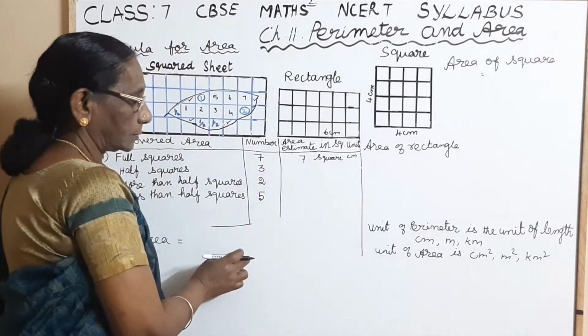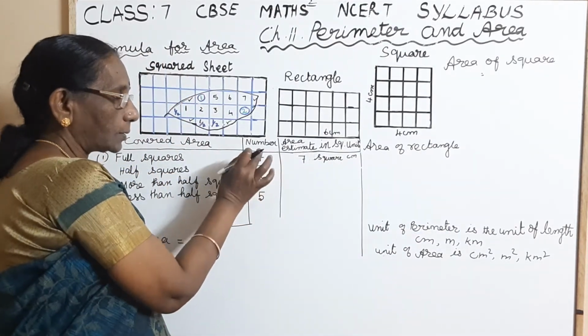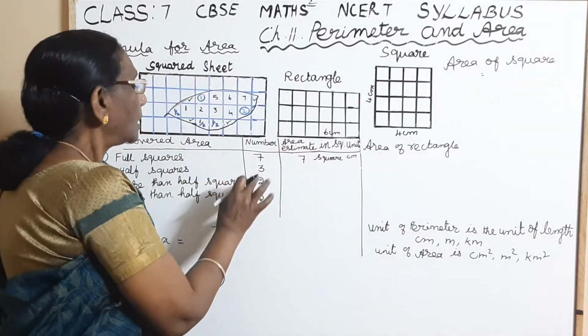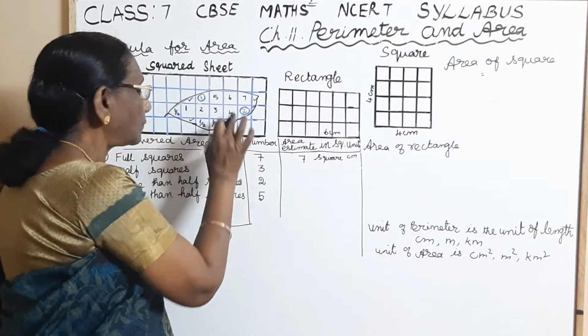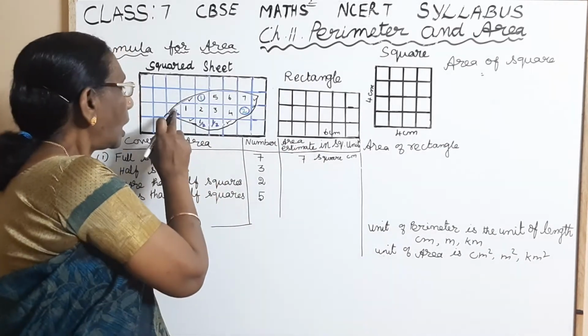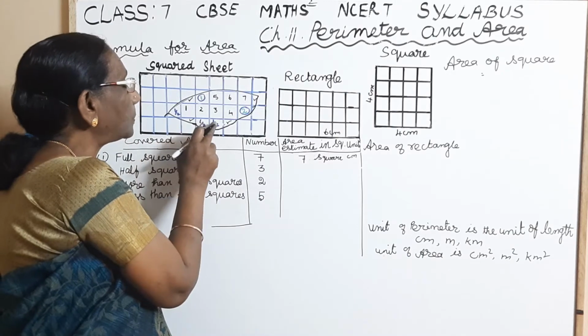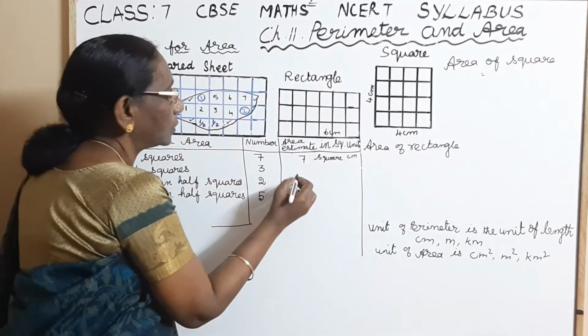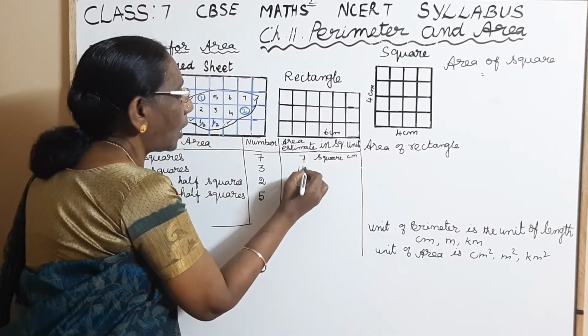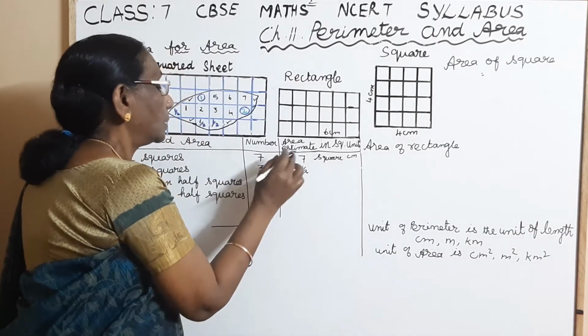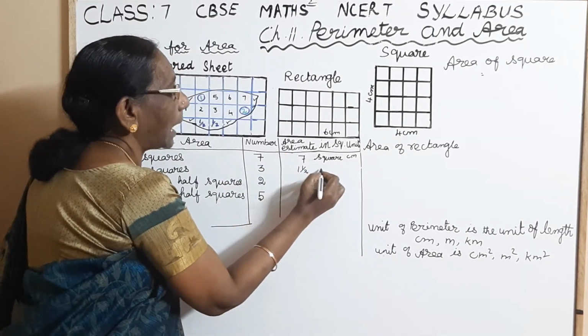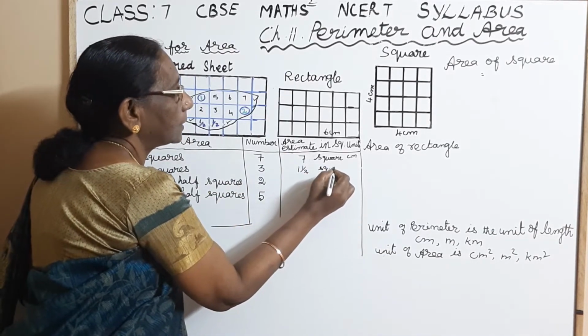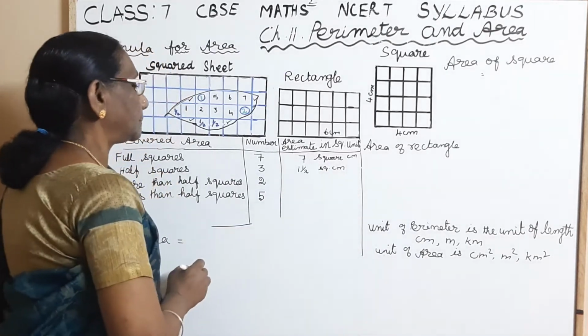Full square, so 7 into 1, 7. Next, 3 half squares. So, half plus half 1, 1 plus half, 1 and a half. So, the area of these 3 half squares is 1 and a half square centimeter.